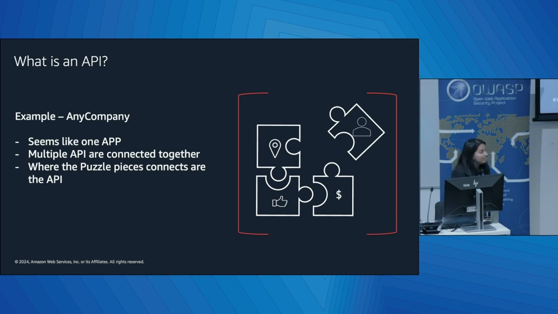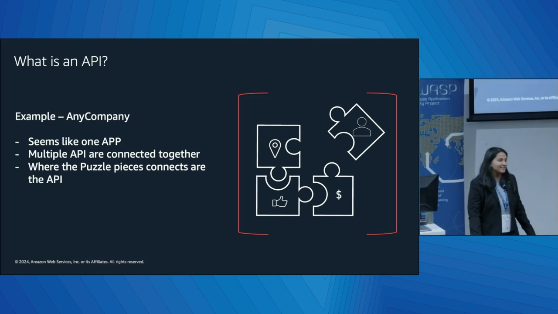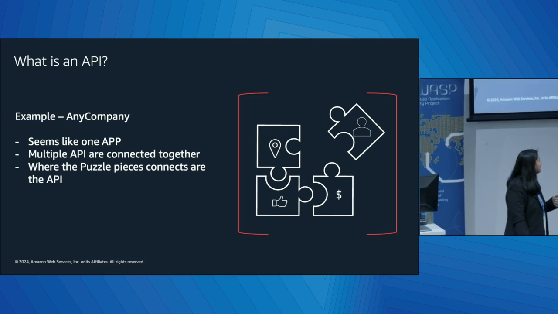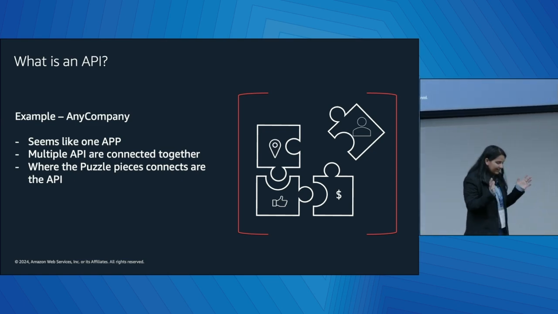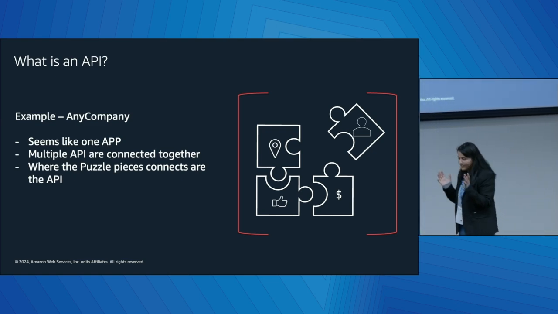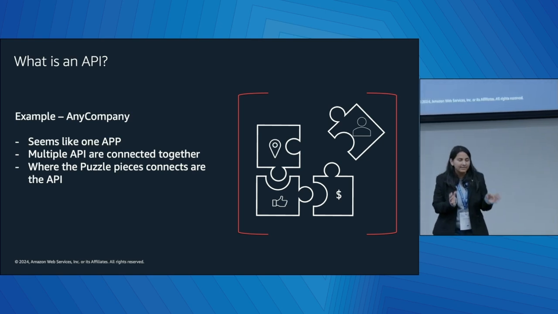Previously, I wanted to put an example of company X, but then I realized I might get sued for putting company X, so I put any company. Any app that you see, Facebook or any application, Uber as an example, very simple.